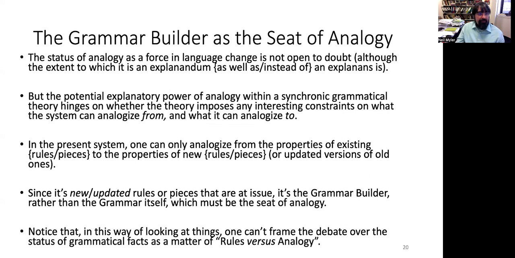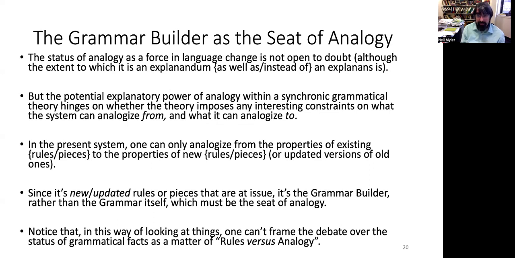One interesting feature of this way of being clear about the distinction between the grammar builder and the grammar itself is that the grammar builder emerges as the obvious seat of analogy. Analogy being a very, very old concept in morphological discussions, really as old as the field itself, actually.